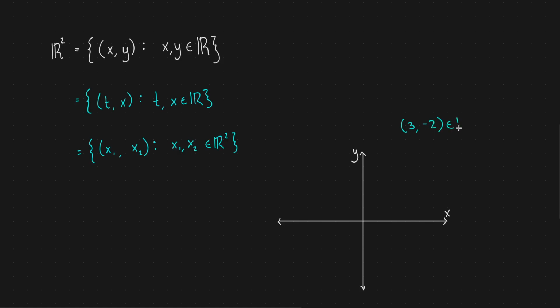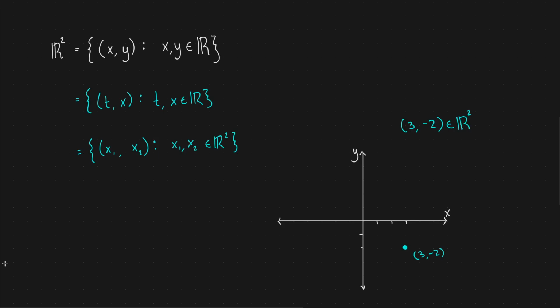That is an ordered pair that is in the set of all ordered pairs in R2. So I'd go 1, 2, 3 on the x. I'd go negative 2 on the y. And there we go. There's the point there. Okay, so far so good. This should seem pretty familiar so far, even if the exact symbols we are using are a little bit new.